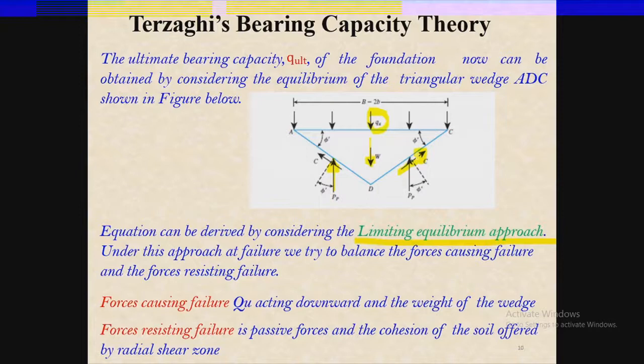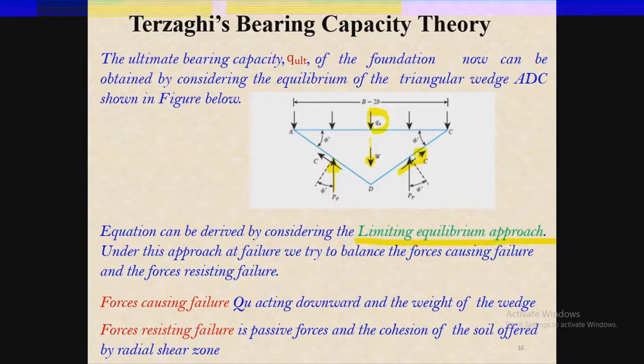At the limit equilibrium we are balancing these forces, so the summation of all forces acting on the wedge will be equal to 0.